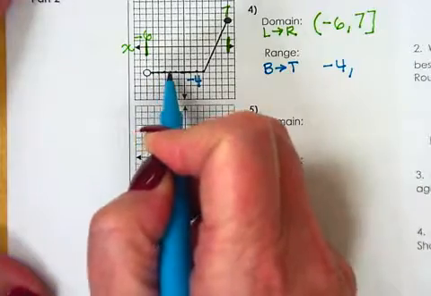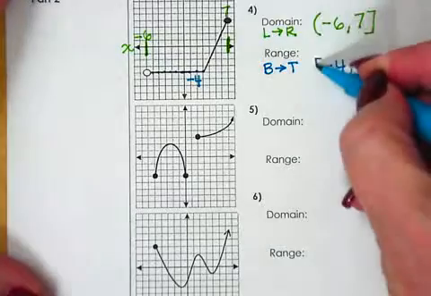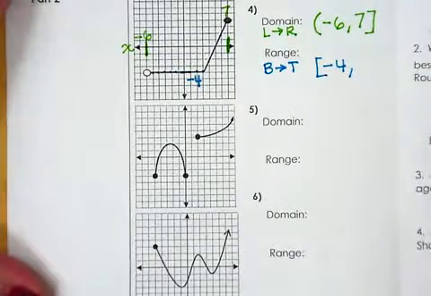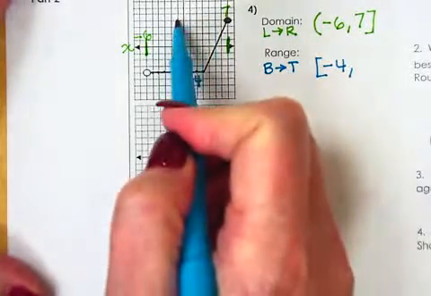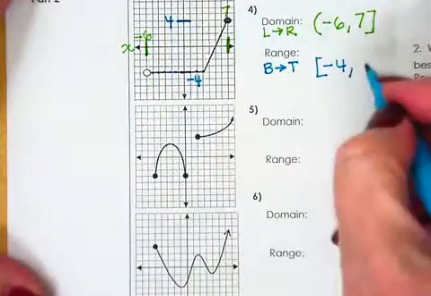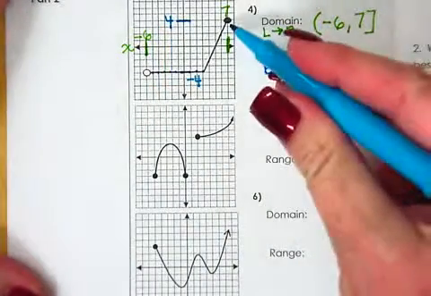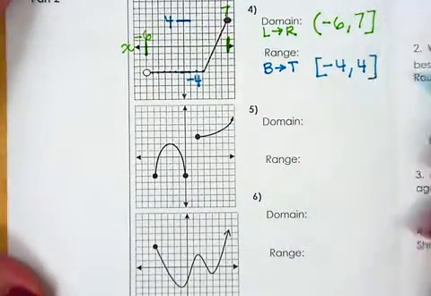So those take priority over that open circle. So we do have to make this an inclusive -4 because of that horizontal line. Then we go all the way to the top up here, and the top, 1, 2, 3, 4, is +4. And again, because of the closed circle, we're going to go ahead and put a bracket on that.